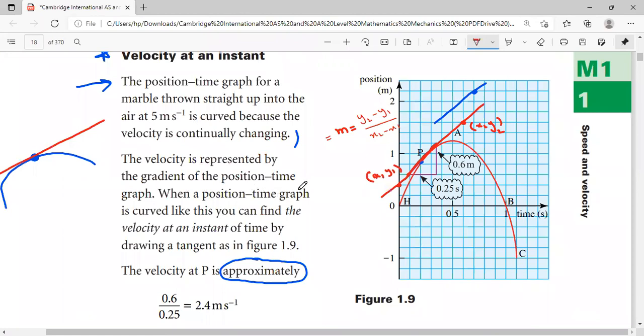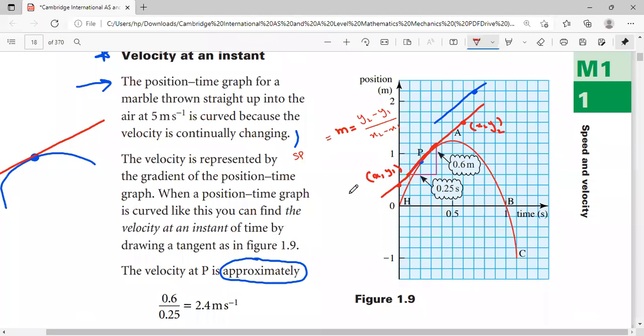So I repeat what you have to write: you can find the speed of a particle at a specific point with the help of the gradient of the line at that point. You will draw a tangent, find the gradient of this tangent, and it will tell you the speed of this object.